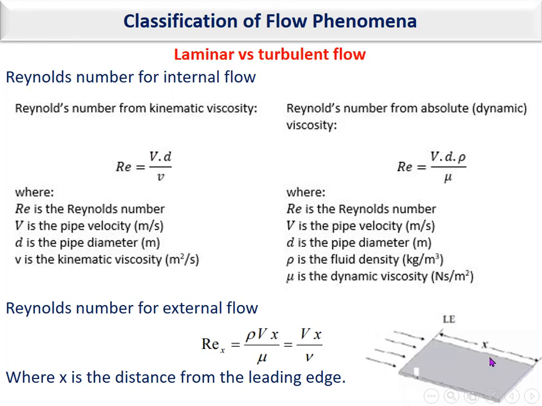But here in the external flow, as X is different at any location, the Reynolds number here, for example, here or here, will certainly be different, unlike the one we discussed about the internal flow. This is a very important thing to consider.